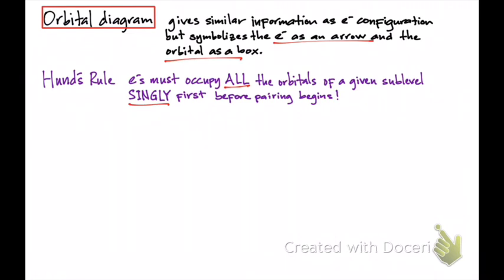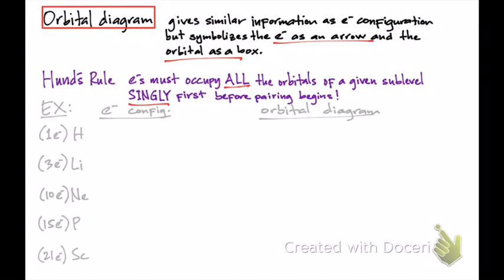Same thing with the d sublevel. A d sublevel contains 5 different d orbitals. So what Hund's rule is saying is that before you fill an orbital completely, first you have to distribute the electrons evenly among the 3 orbitals in, let's say, a p sublevel.